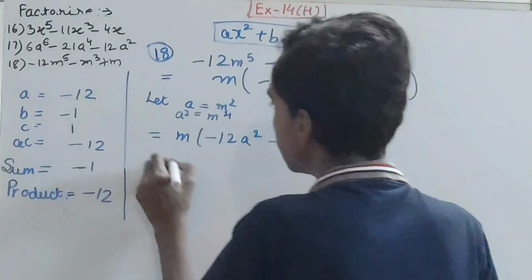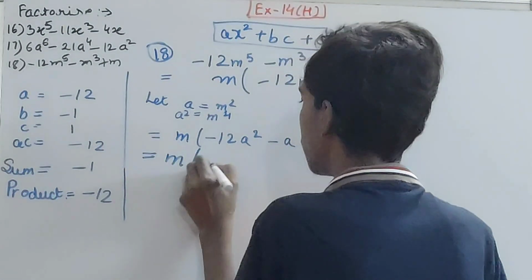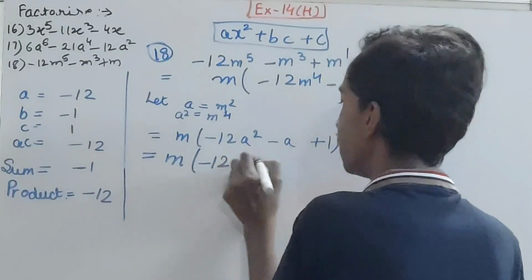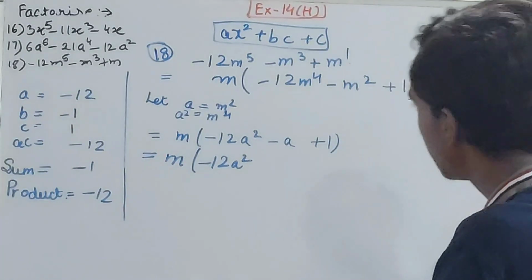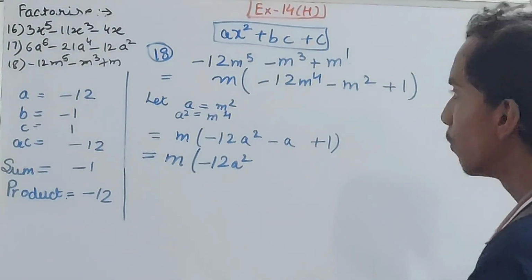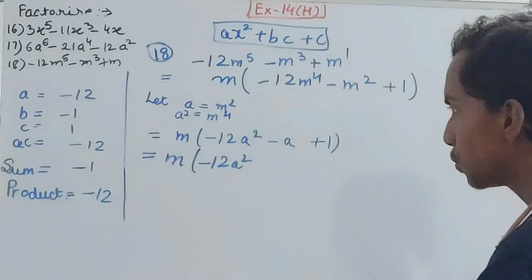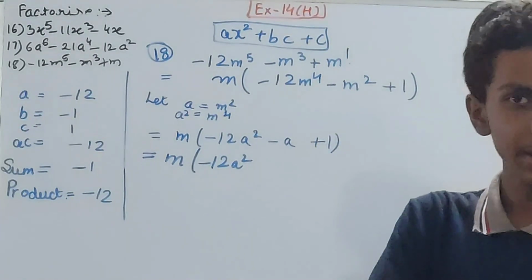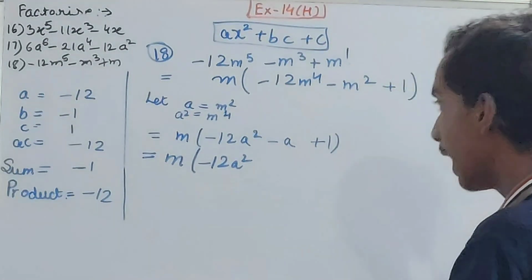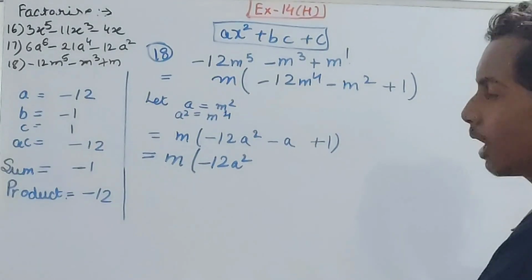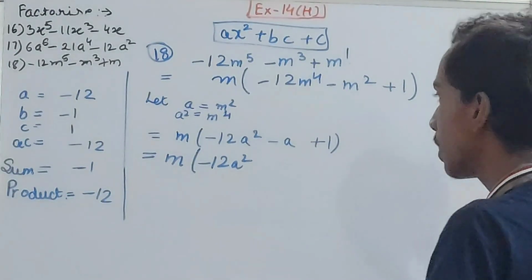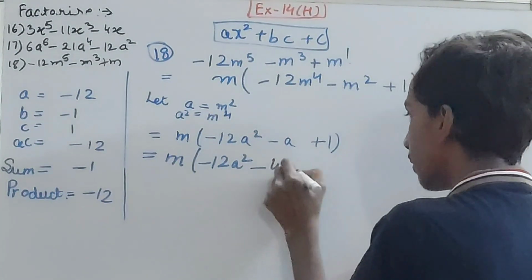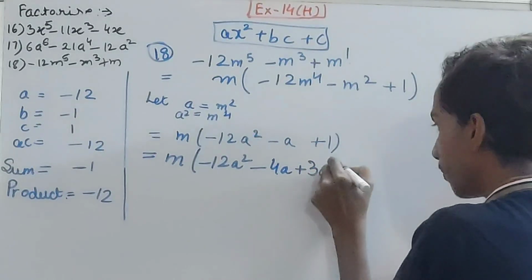Look carefully here. Now minus A you have to split such that the sum will be minus 1 and product will be minus 12. So you can take 4 and you can take 3, and you should actually take minus 4 and plus 3. Okay, minus 4A plus 3A plus 1.